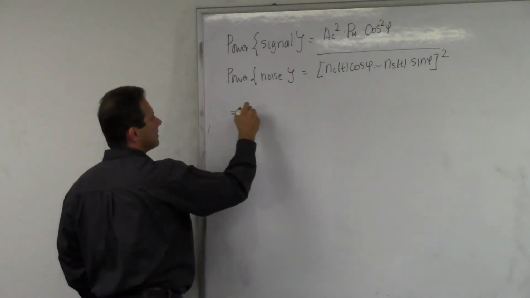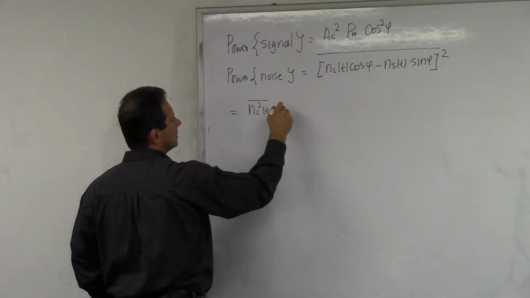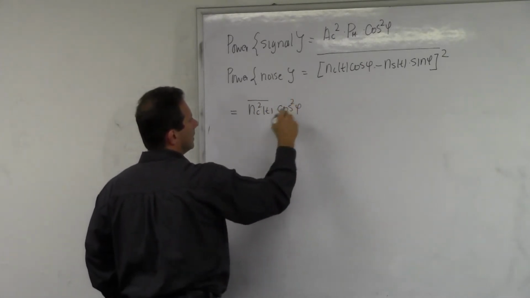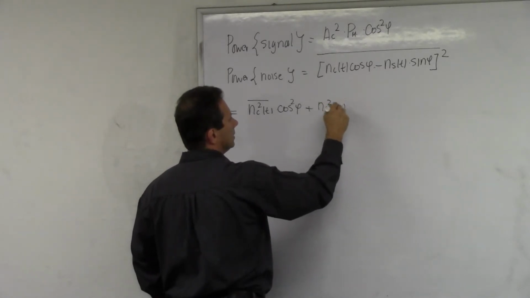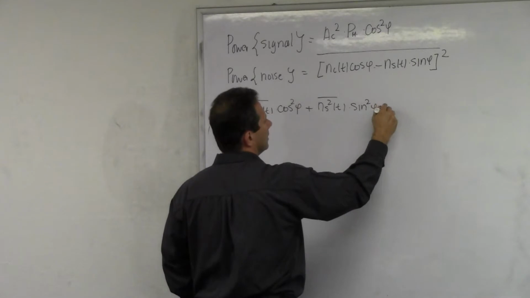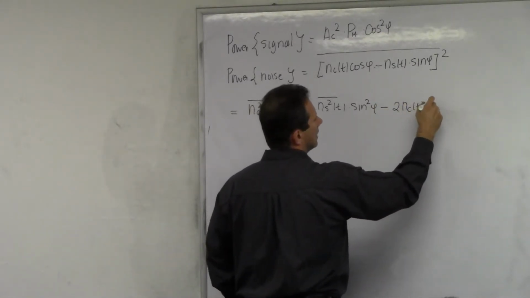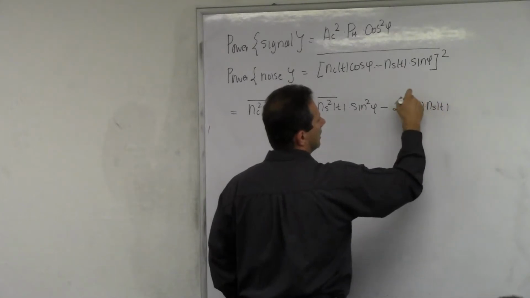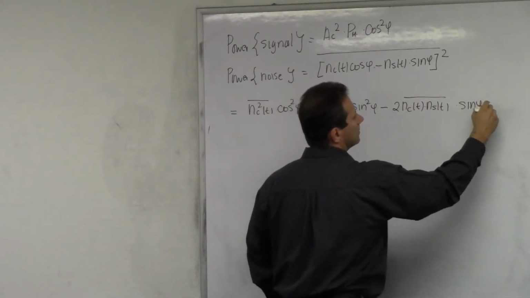So this is Nc squared averaged over time times cosine squared of phi, plus Ns squared of t averaged over time times sine squared phi, and minus 2 times Nc of t times Ns of t averaged over time times sine phi times cosine phi.